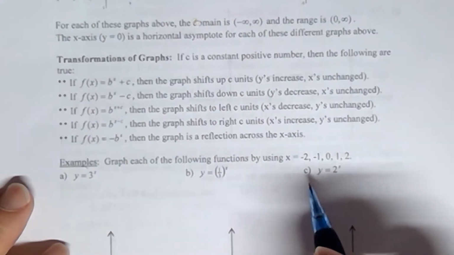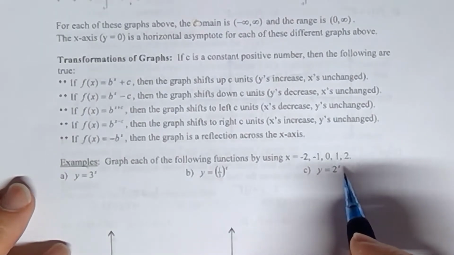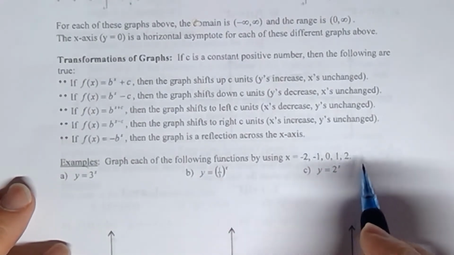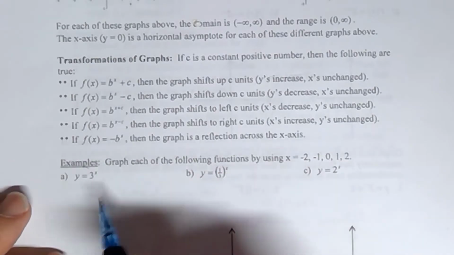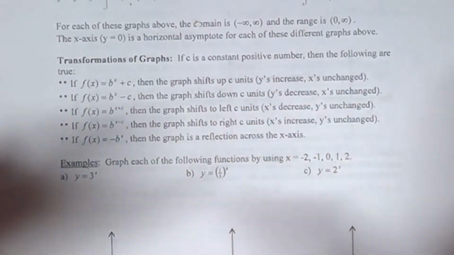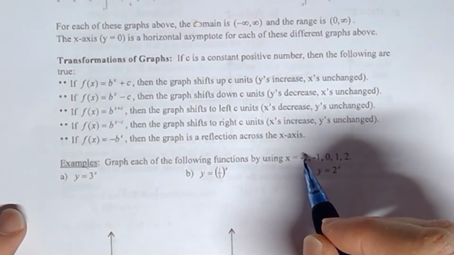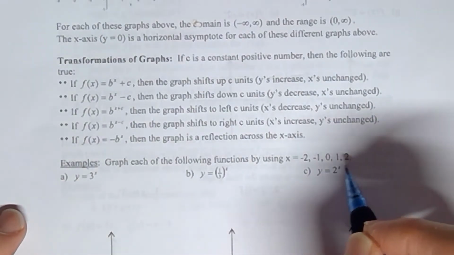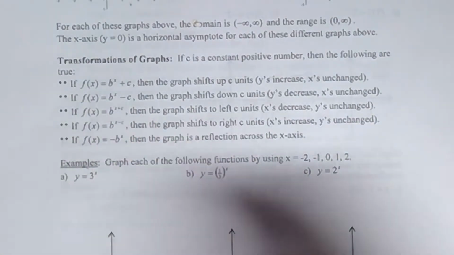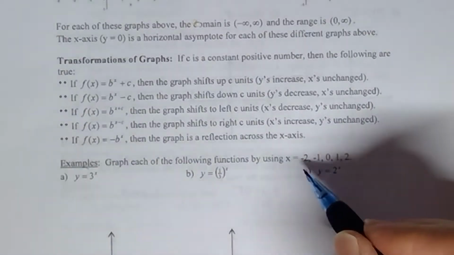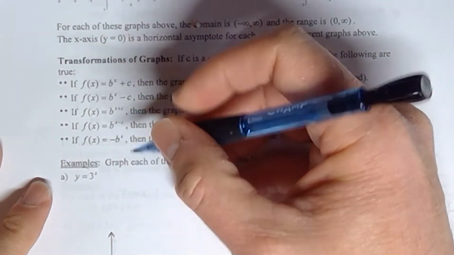That's where you have to actually plug in some numbers and find out. These are the 5 numbers that we're going to use when we do the b to the x graphs, not the ones on the back side of the worksheet. Again, we'll get to that in a few minutes. But when we have just something to the x power, we're going to use these 5 numbers. Let me write that down.